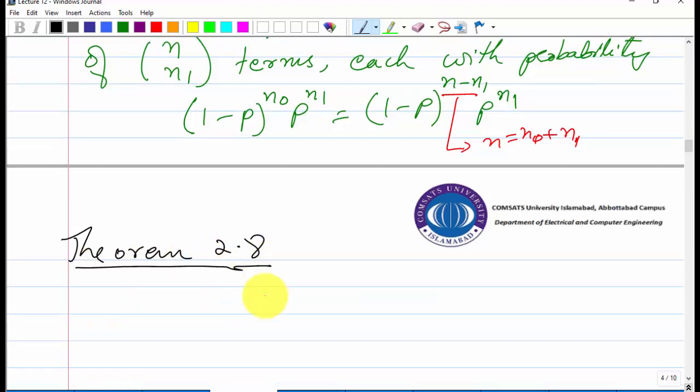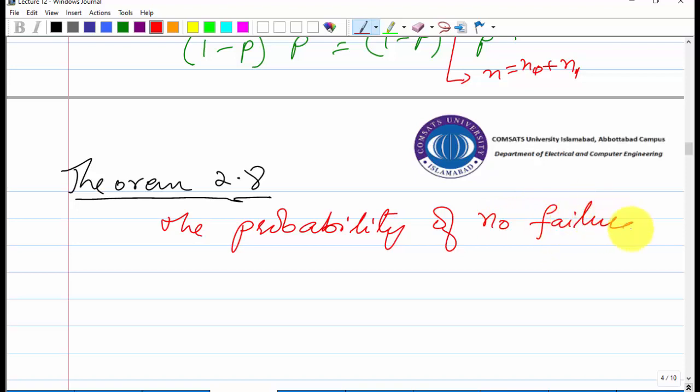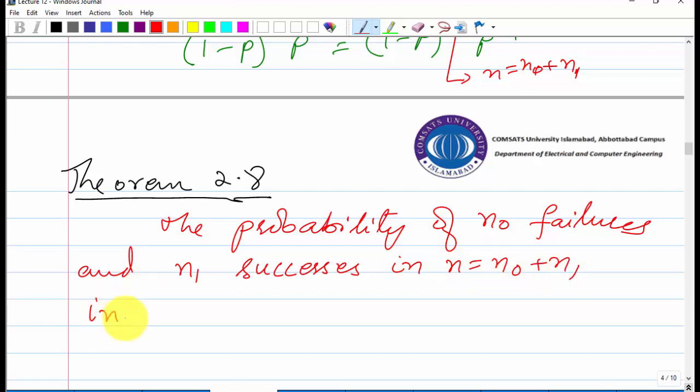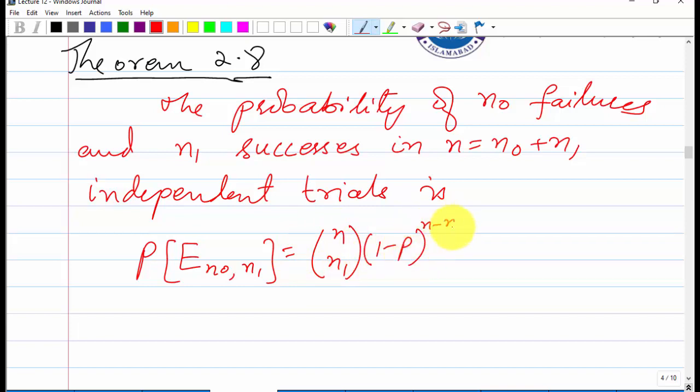Theorem 2.8: the probability of n naught failures and n1 successes in n equal to n naught plus n1 independent trials is P of E n naught comma n1, which is equal to n choose n1 times (1 minus p) to the n minus n1 times p to the n1, which is equal to n choose n naught times (1 minus p) to the n naught times p to the n minus n naught.